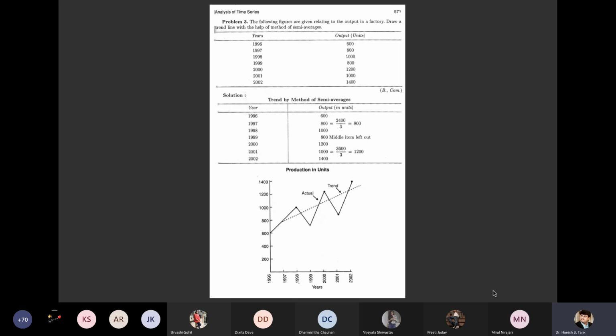And if an odd number of years or entities are given to you, then the lower nearest even number is to be taken care of, and the middle item is to be eliminated, and then use the same logic as semi-average with an even number. And you have to plot points on a graph paper and connect them to get a trend line.